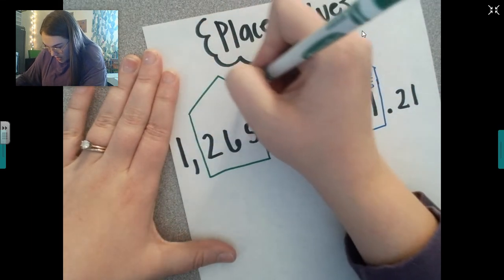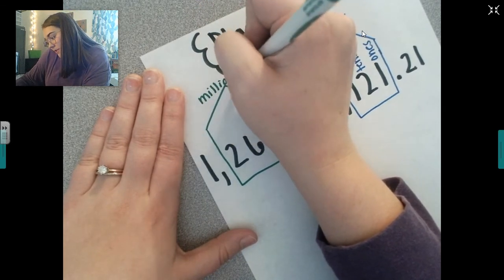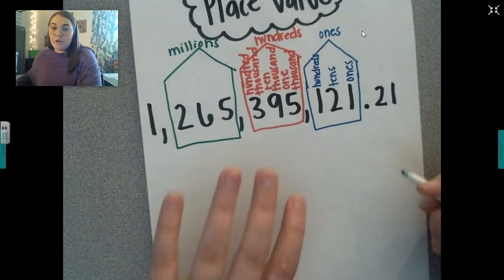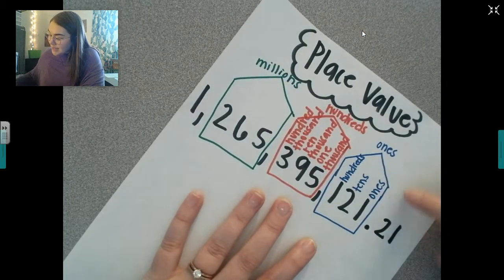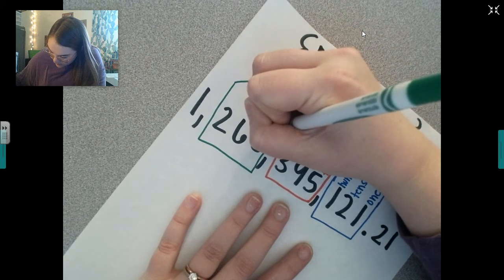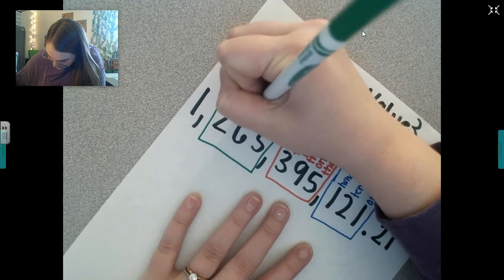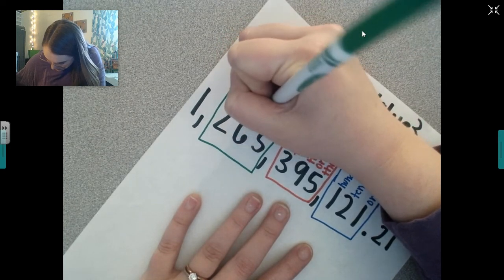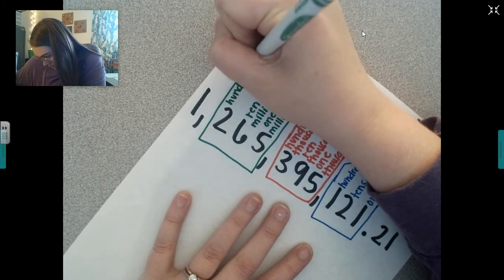Next, we have our millions. You are right. We have our millions house or our millions period. I did do it in green, but it's kind of hard to see on my screen. But it follows the same exact pattern. We have the 1 million, 10 million, and 100 million.